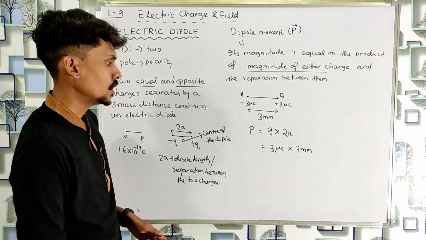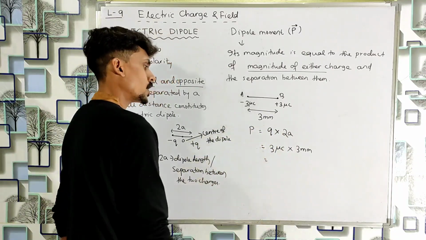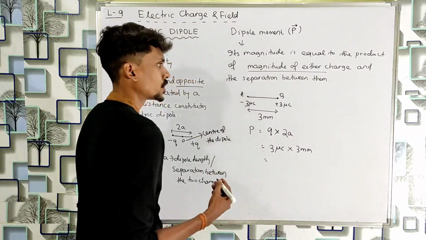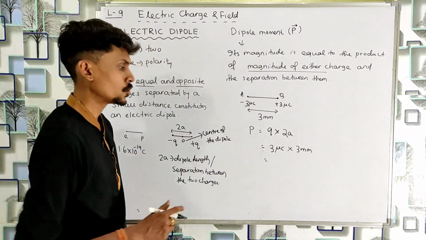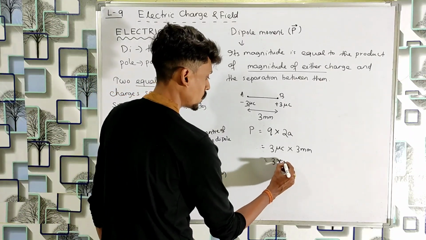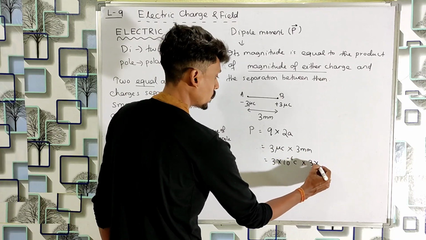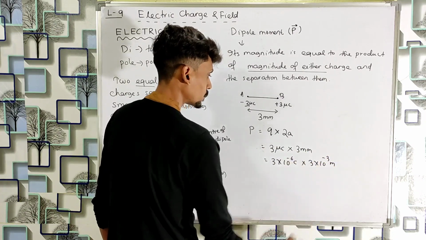Is that clear? And again we have to convert this unit to the SI system. So 3 microcoulomb, micro means 10 to the power -6. So 3 microcoulomb will be 3 into 10 to the power -6 coulomb, and 3 millimeter means 3 into 10 to the power -3 meter.